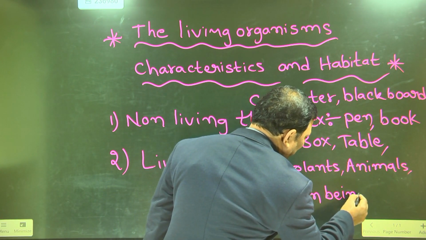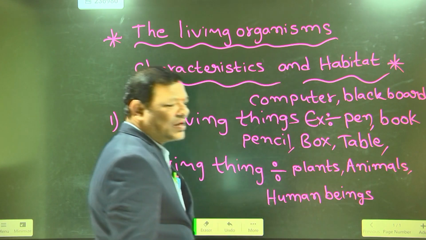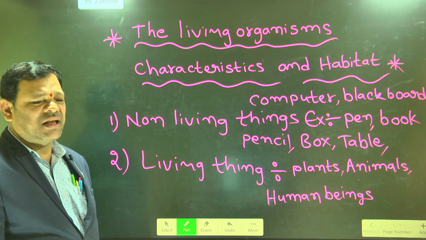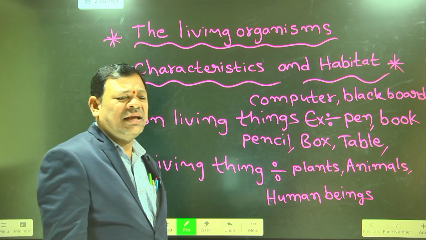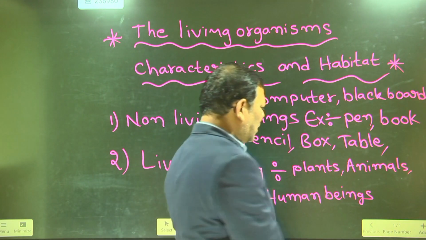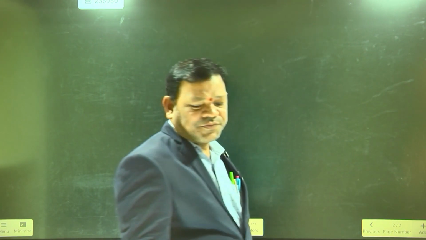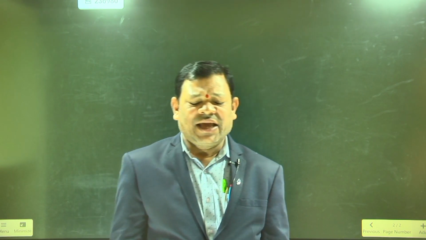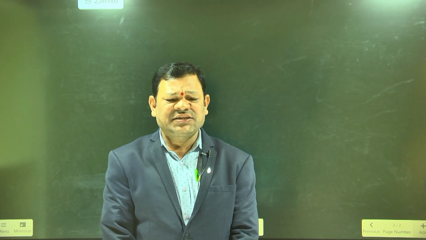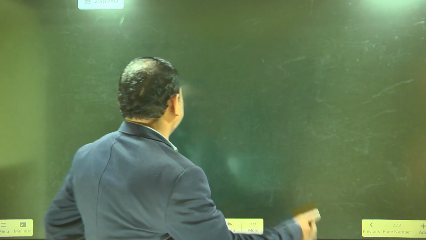So these are the examples of living things. Now going to the characteristic features of the living things.